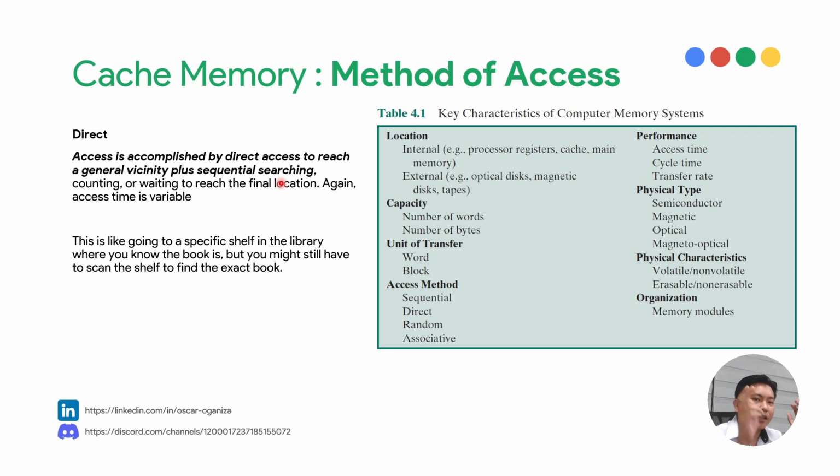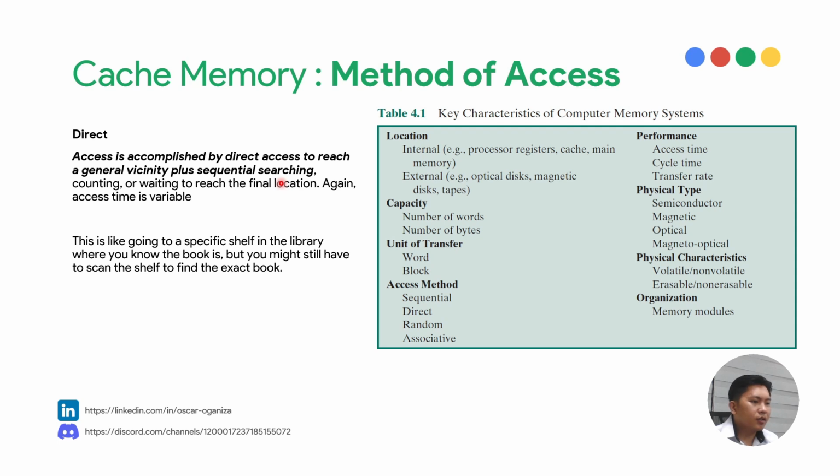So that's sequential. Sa direct, pwede ka nang tumalon sa page 90 up to page 100. But again, mas naging narrow yung paghahanap mo ng data pero kailangan mo pa rin basahin yung page 90 to page 100. So that's the method of access. Mas mabilis siya ng bahagya. Okay? So that's direct method of access.